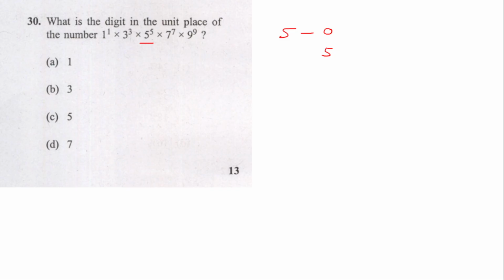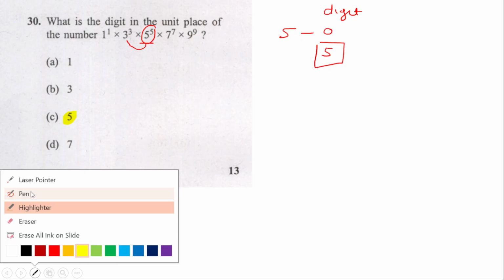Any number you take, when you multiply it with 5, you only get these two digits at the unit place. We can see 5 is here, so if I am multiplying with an odd number, it will make the unit digit 5. So the simple answer would be 5.